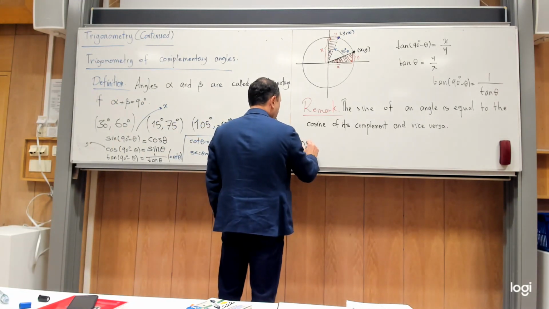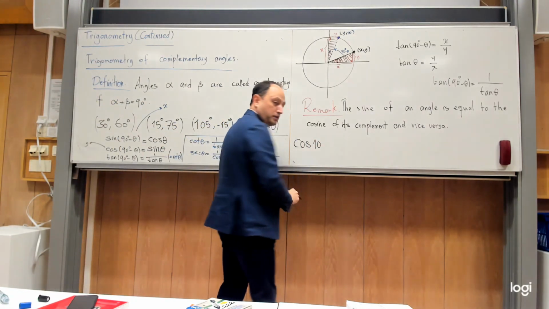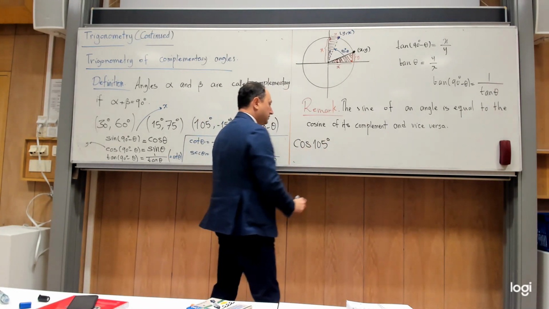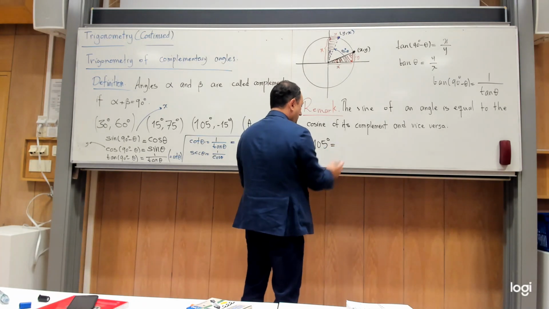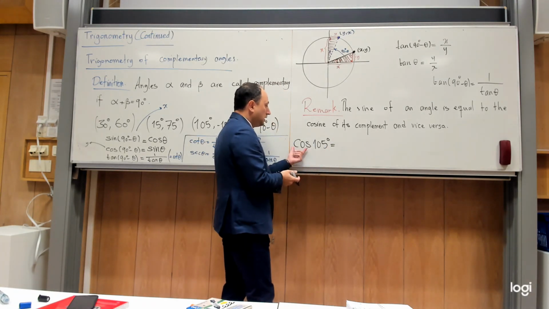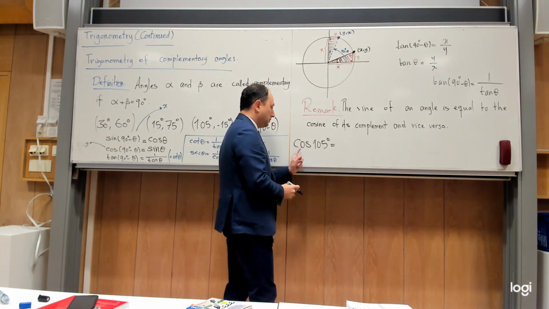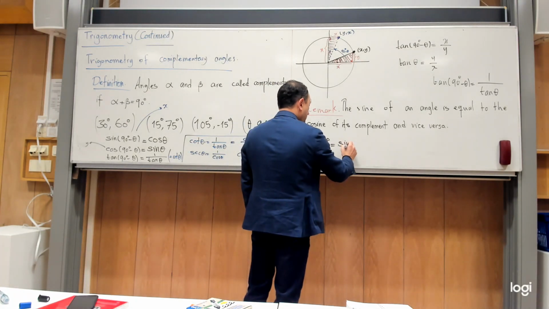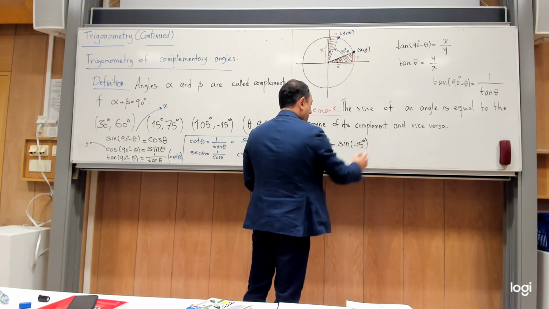So for example, let me write it here for you. This is a different example. Cosine of 105 degrees, if you need it somewhere in your problem, you can replace this with sine of minus 15 degrees. It's understandable for everyone.